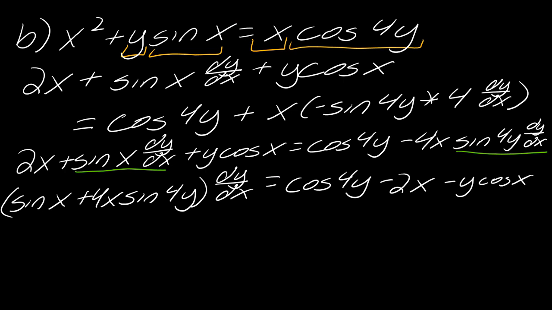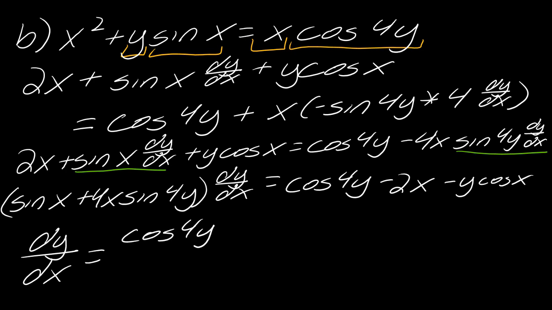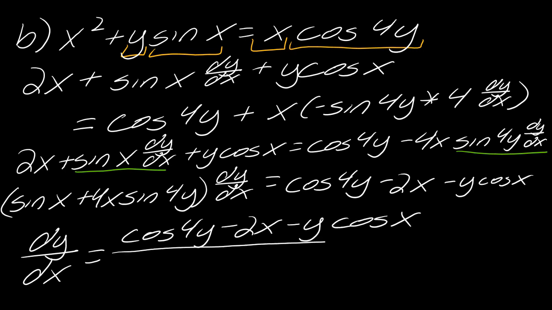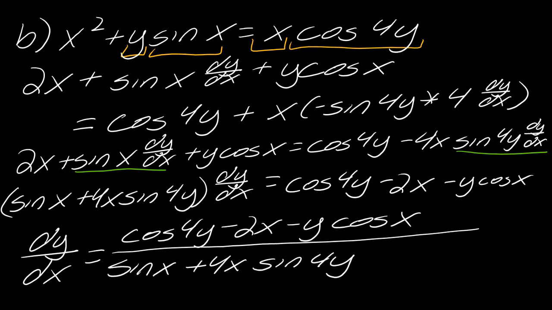Now that I have this part factored out, I can just divide by this. So my final answer is dy dx equals cosine of 4y minus 2x minus y cosine of x over sine of x plus 4x sine of 4y. And so there you go. A little bit of work for that one.